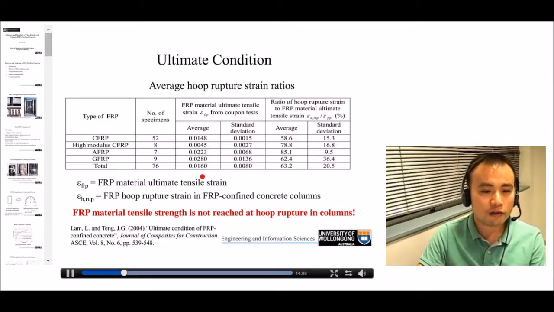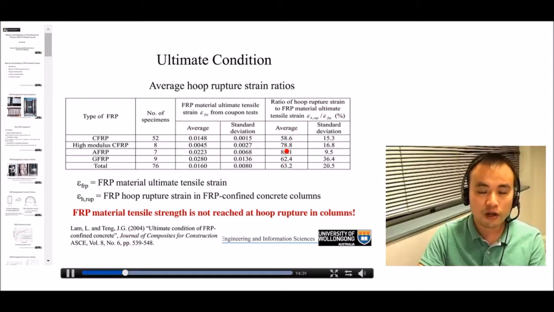However, existing studies have found that the rupture strain found in an FRP-confined concrete column is normally much lower than the rupture strain that can be found from the material test, such as the flat coupon test. And this table summarizes some test results.